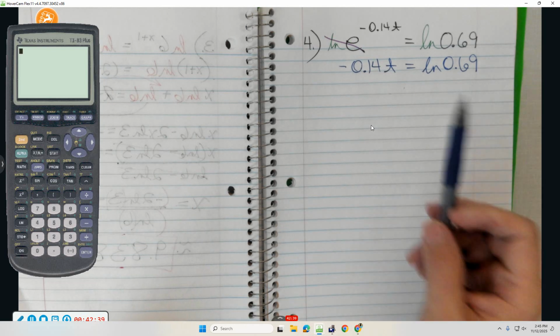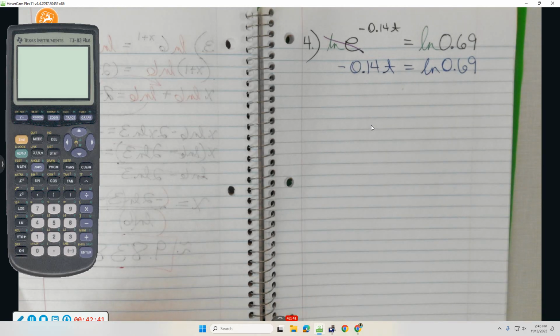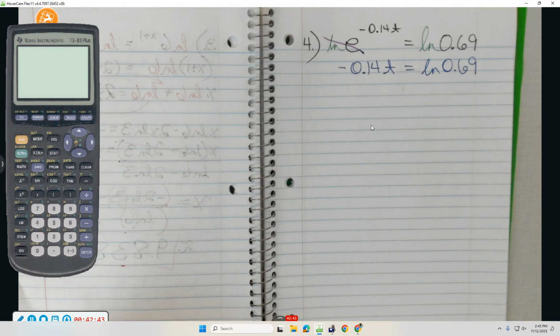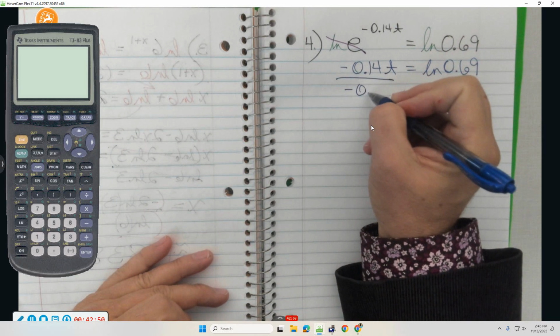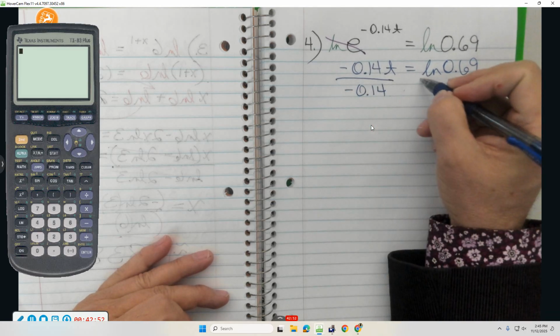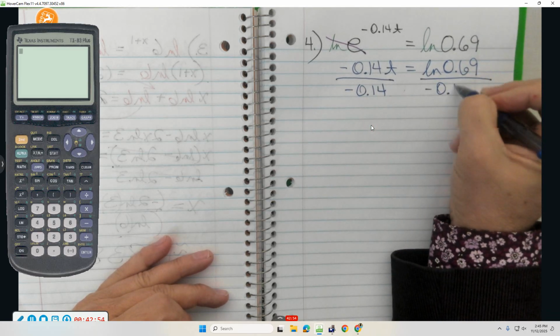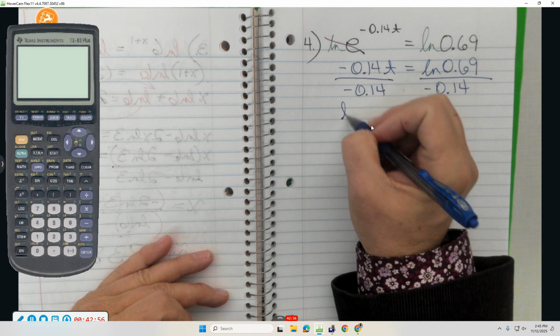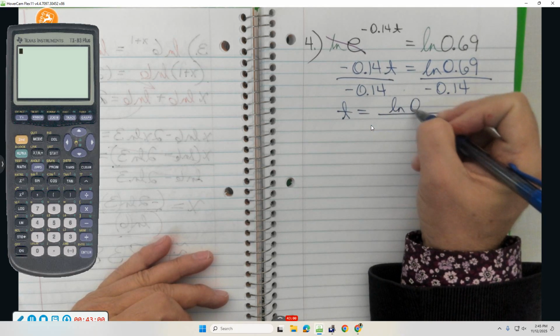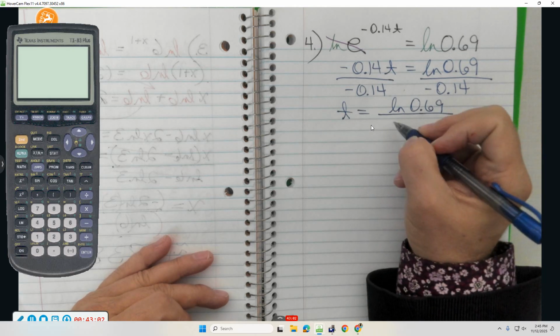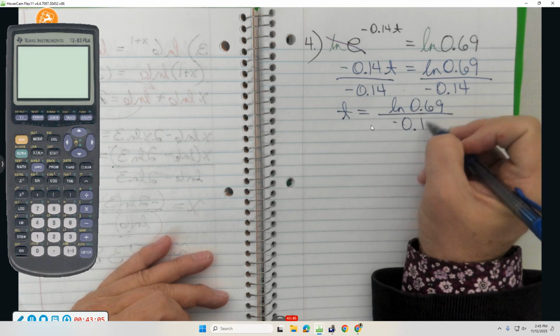We only have one t term, so we don't have to move terms around and factor out t's. There's only one thing left to do. Divide by negative 0.14. T equals ln 0.69 over negative 0.14.